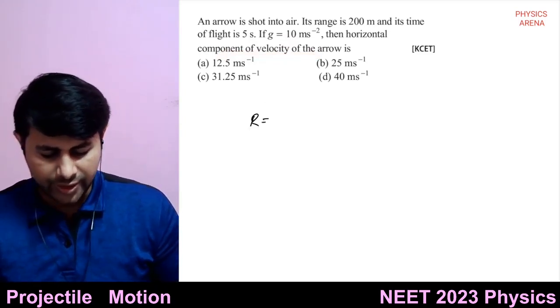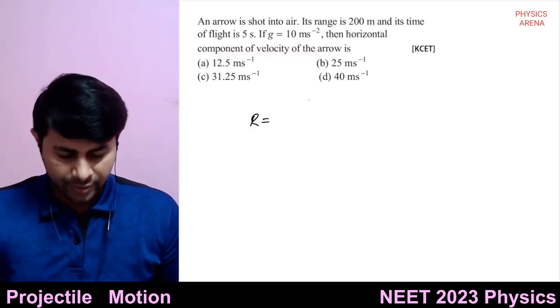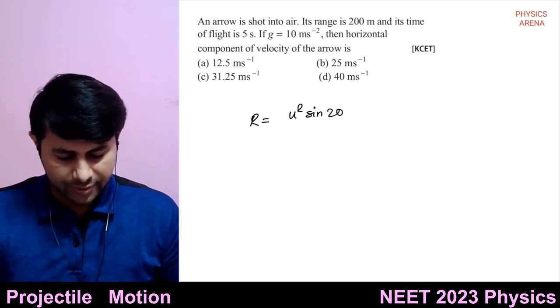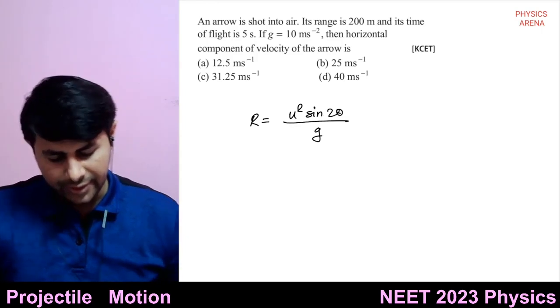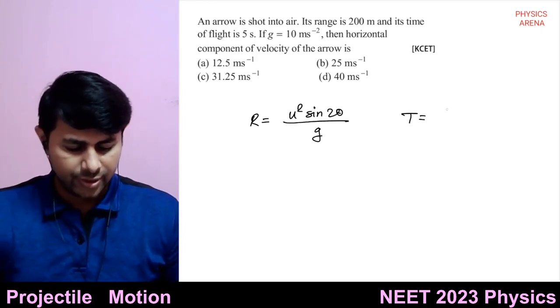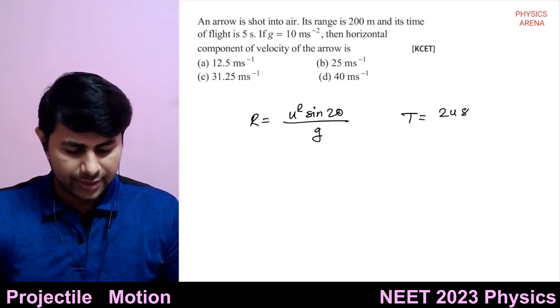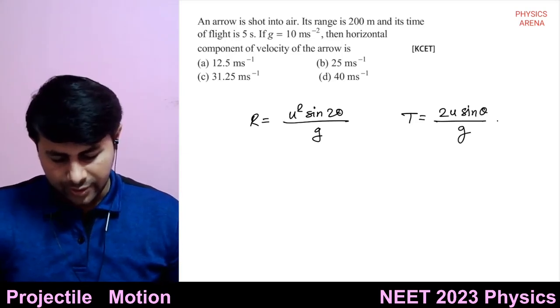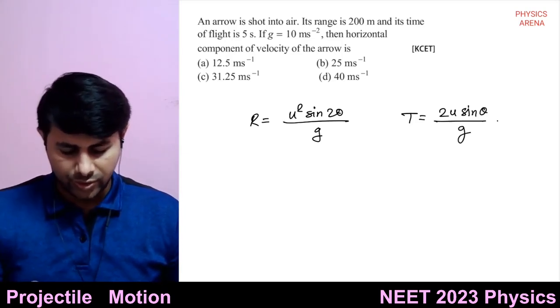What is the formula for range? It is u square sine 2 theta divided by g. And time of flight, t is equal to 2u sine theta divided by g. So now you want the horizontal component of velocity.